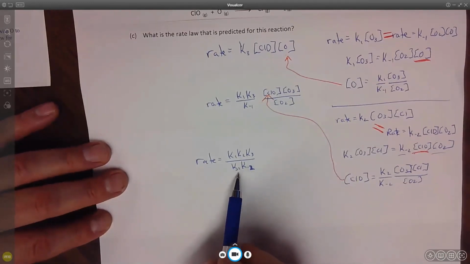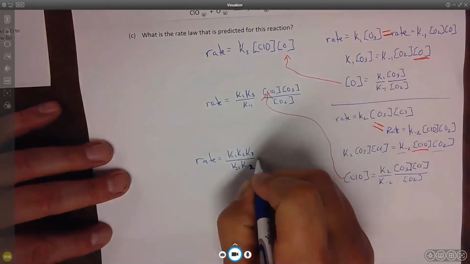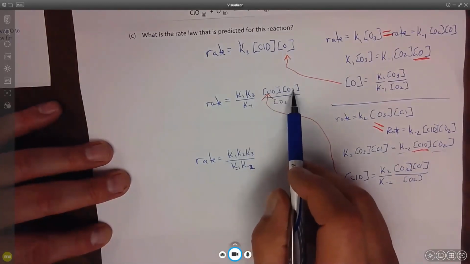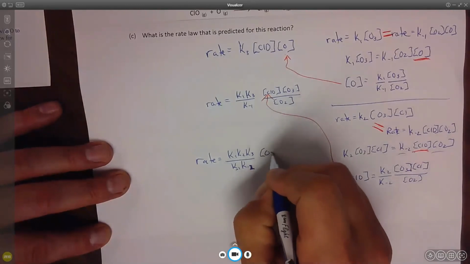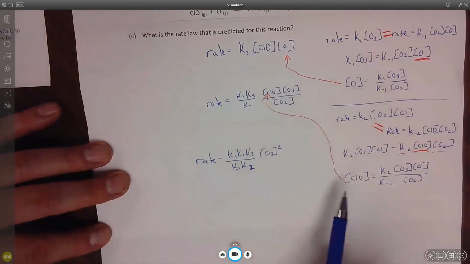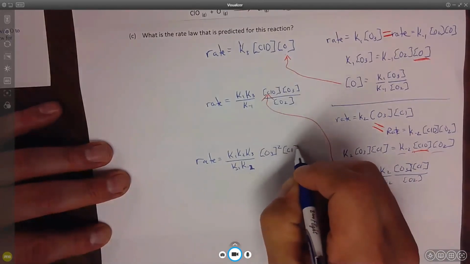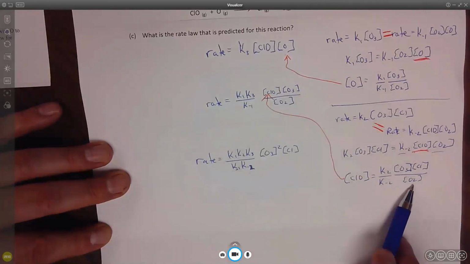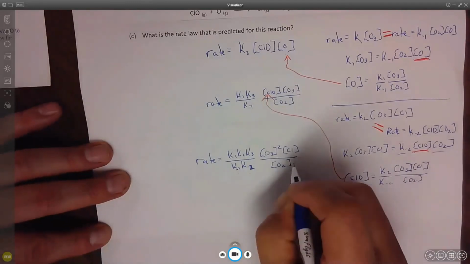That's a K minus 1 and a K minus 2. And then we still have the O3, and there's another O3, right? So that's going to be O3 squared. Then there's a Cl. Then in the denominator, there's an O2, but there's another O2. So that's going to be O2 squared.